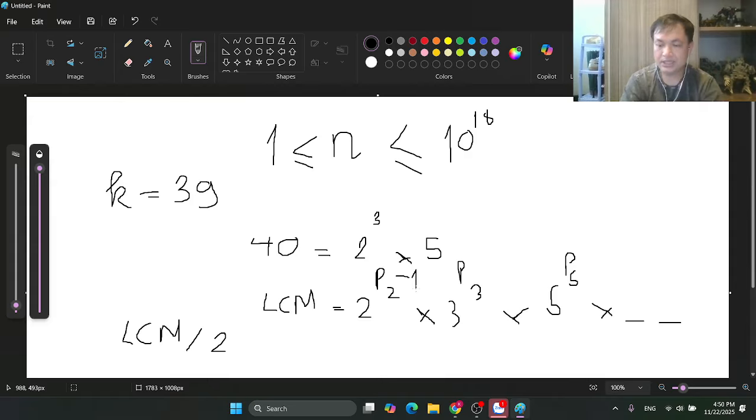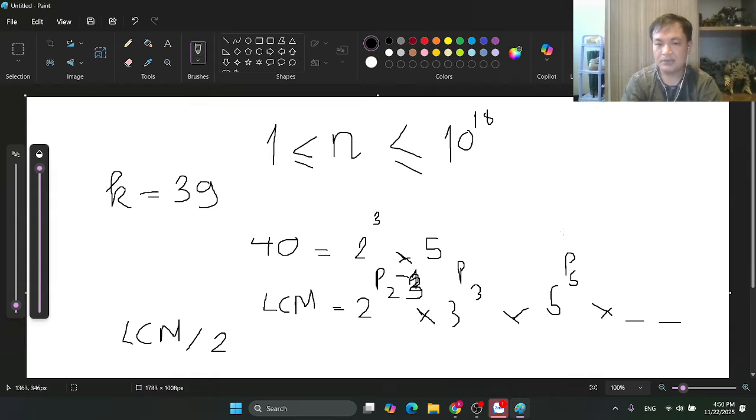If the answer is still B, you have to ask about the LCM divided by 2 to the power of P2 minus 2. And then ask again with 2 to the power of P2 minus 3.